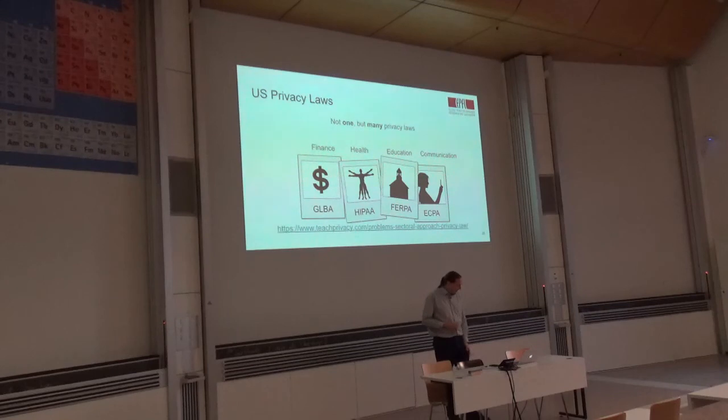And I'll skip over the details of the U.S. privacy laws, but the general picture is that the U.S. privacy law situation is much more fragmented along types of data. The U.S. doesn't have a single privacy law that applies to all types of data, but they have certain laws that apply to financial data, certain laws that apply to health and other things, and only weak privacy laws that apply to everything.